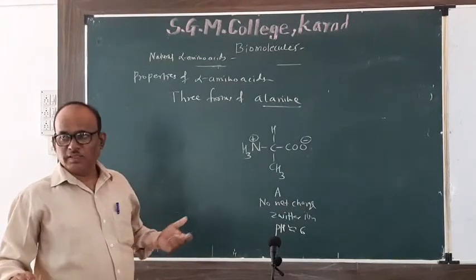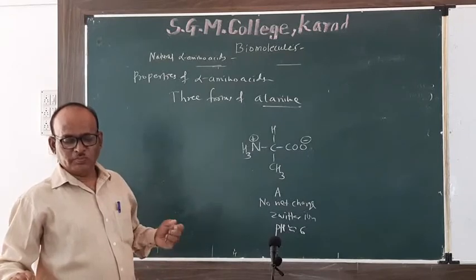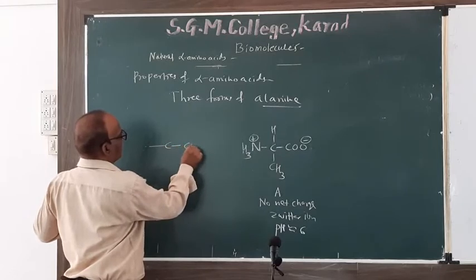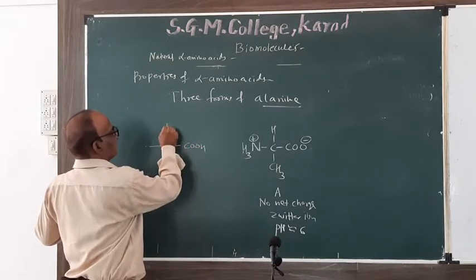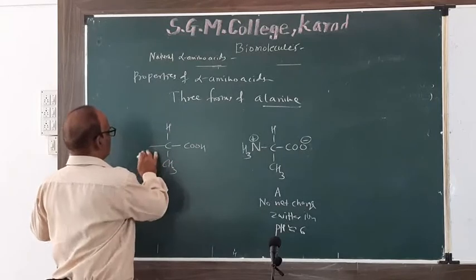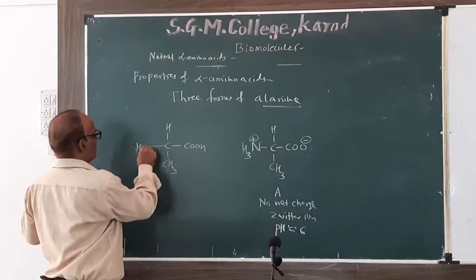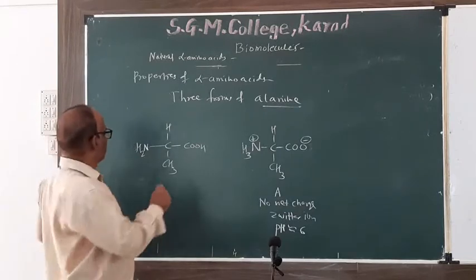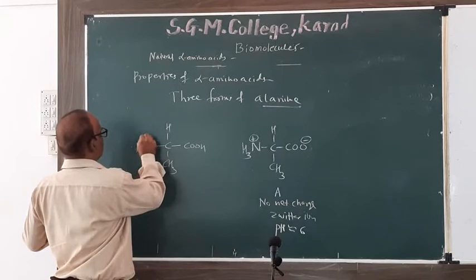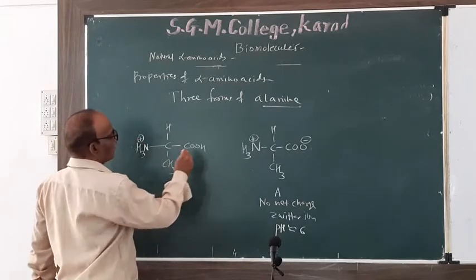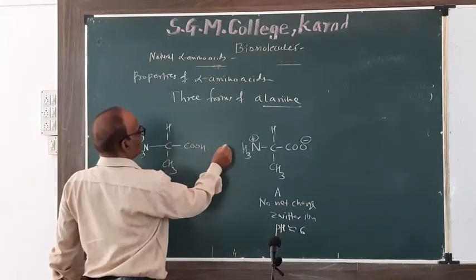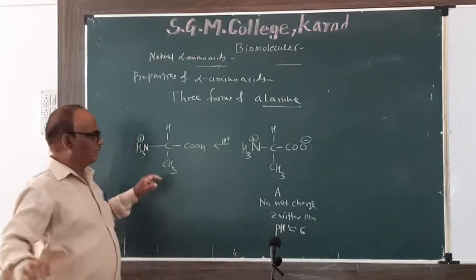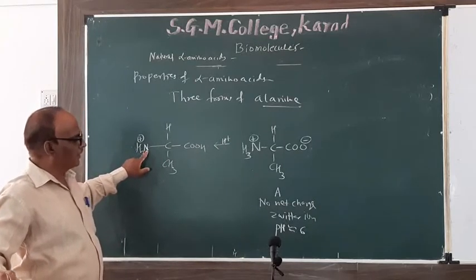This Zwitter ion can be converted into a positive ion. The structure is here: COOH, H, CH3 and NH2. This is the alanine molecule. How is it converted to a positive ion? A proton is added, giving a plus charge, when it reacts with acid, H plus. These H plus ions are accepted by this nitrogen.